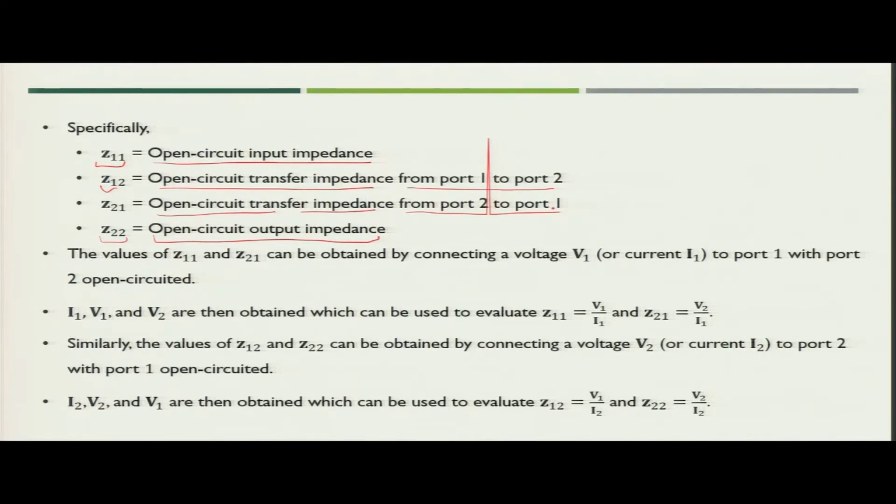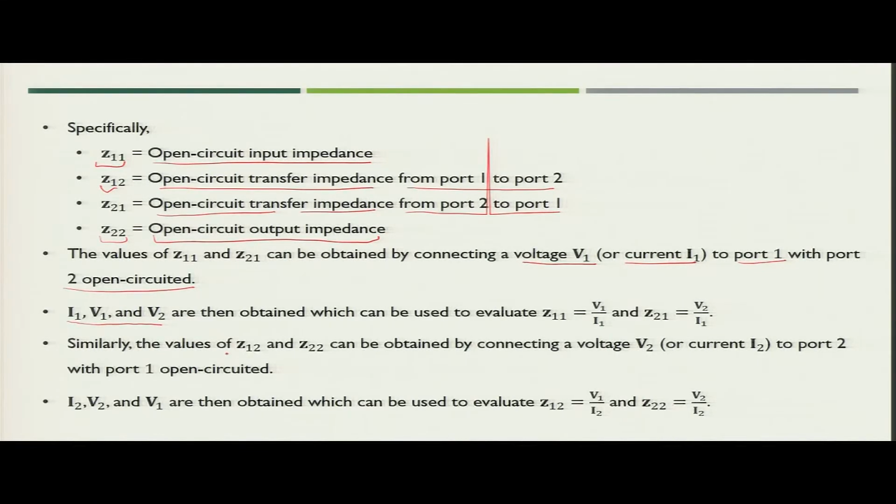Now, to evaluate Z11 and Z21, you can find the values by connecting a voltage V1 or current I1 to port 1 with port 2 open circuited. Then you will find the values of I1, V1 and V2, and obtain Z11 as V1 upon I1 and Z21 as V2 upon I1.